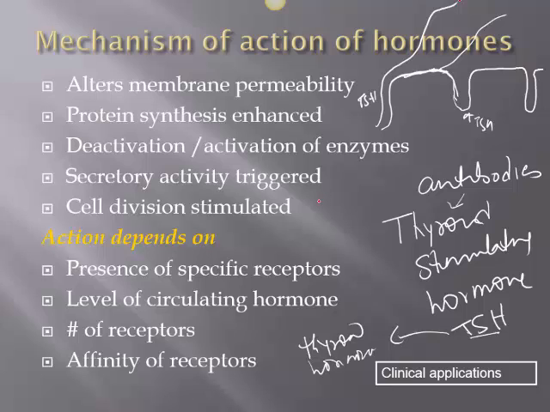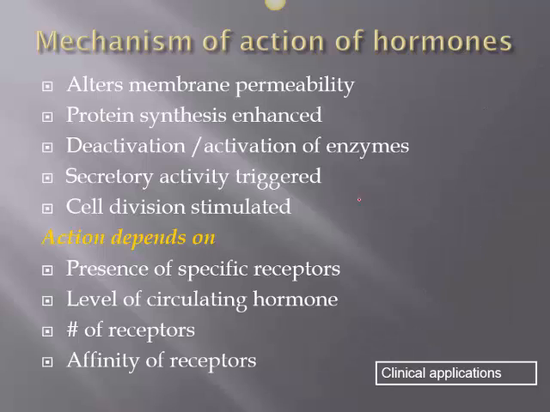So you end up with a hypersecretion state. Do you understand? It resembles thyroid stimulating hormone, but it is not controlled by the same on-off switch. So it just keeps on stimulating the gland, and the gland keeps on secreting hormones. You get a hyper state. So this is one of the bases of autoimmunity.